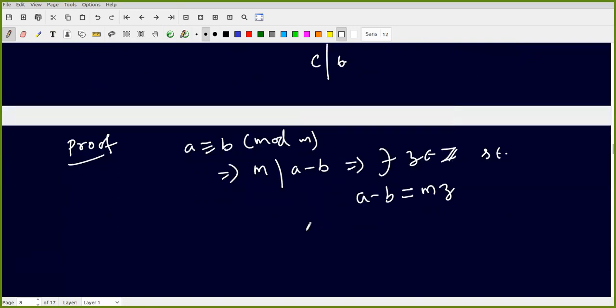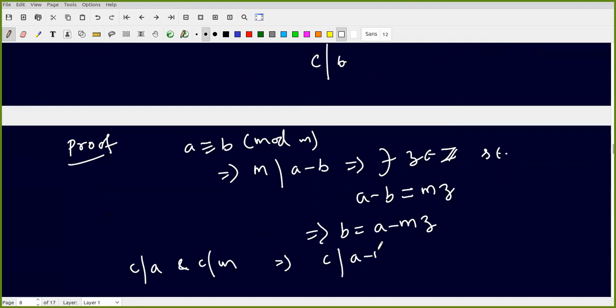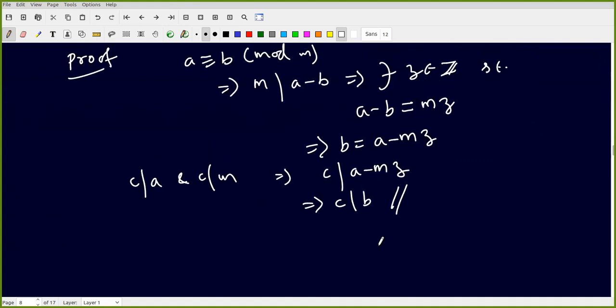So here B is written as A minus MZ. Since C divides A and C divides M, C divides A minus MZ, a linear combination of A and M. A minus MZ is nothing but B, so C divides B.